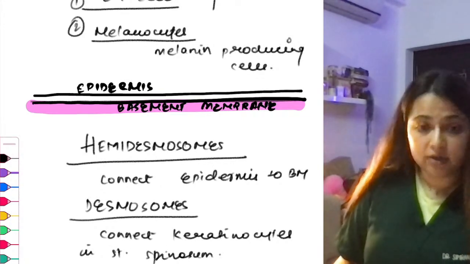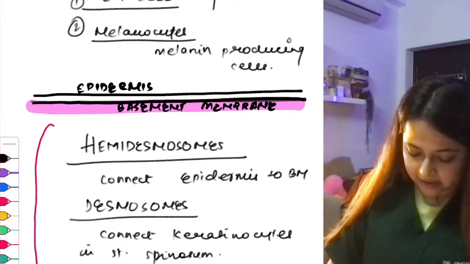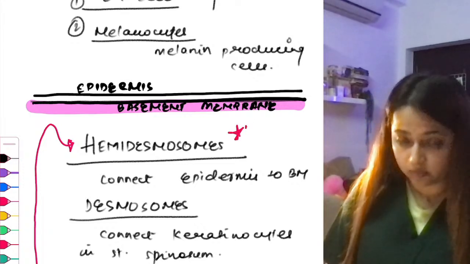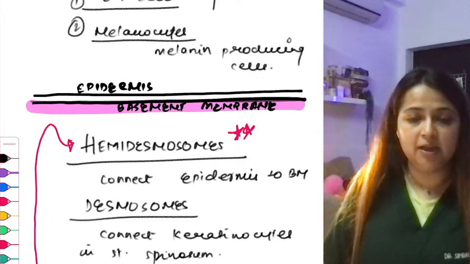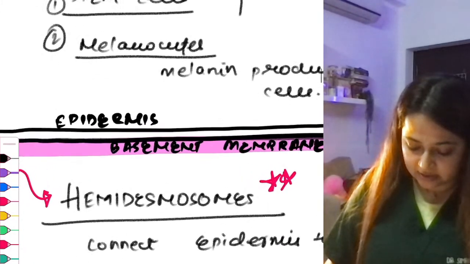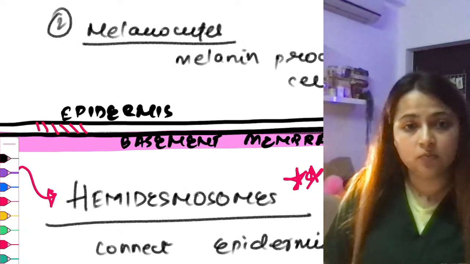Now what happens in case of bullous pemphigoid? In bullous pemphigoid, the antibodies are directed against the hemidesmosomes. That means the antibodies will attack the hemidesmosomes, which were connecting the epidermis with the basement membrane. Imagine, guys, if the hemidesmosomes are gone, what will happen?